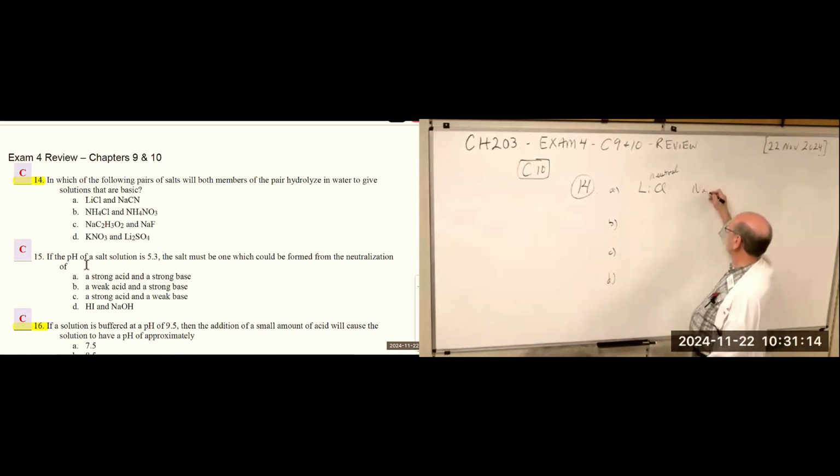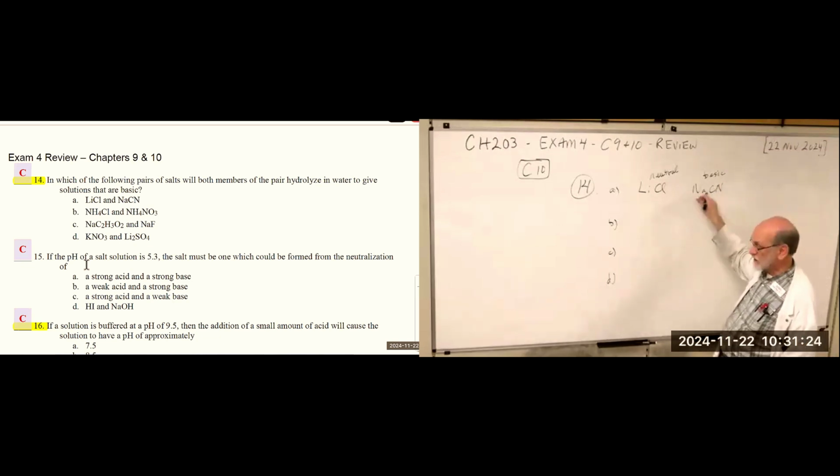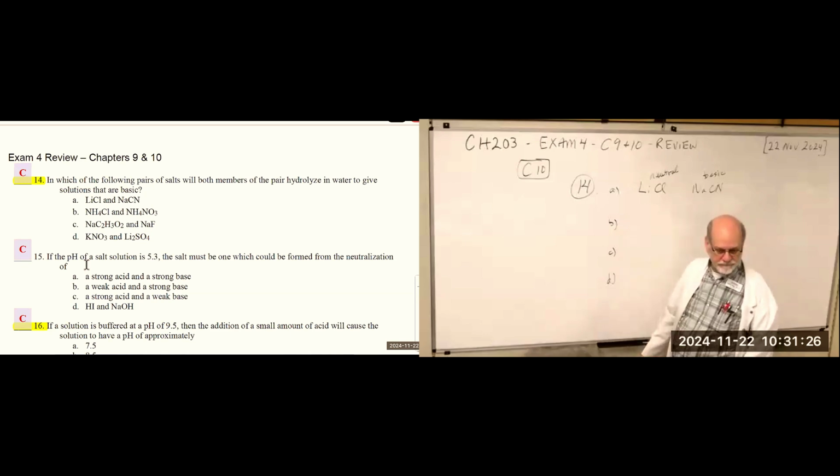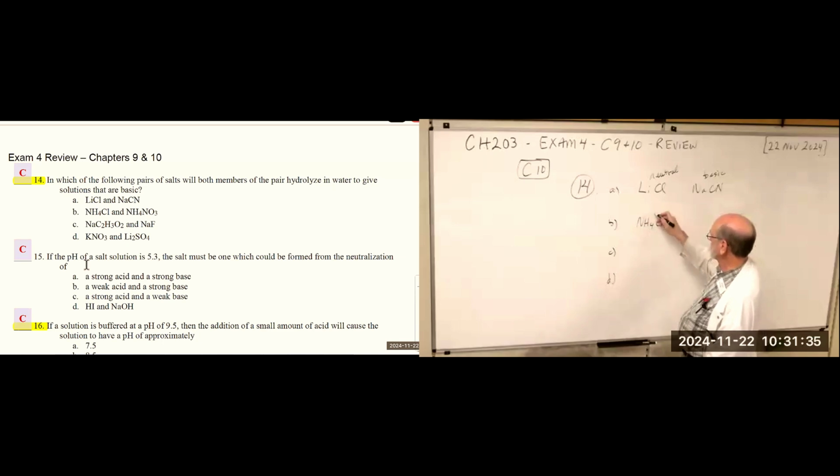Like sodium cyanide, that one would be basic. Because this would form from sodium hydroxide and cyanic acid. Cyanic acid's weak. Strong base, that gives you basic. Ammonium chloride. Strong acid, weak base. This is acidic.